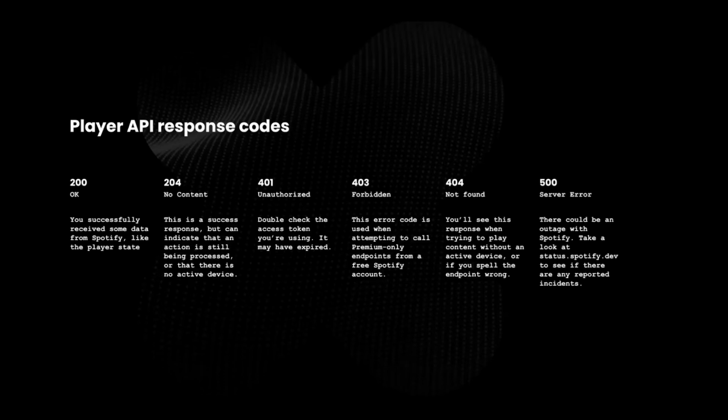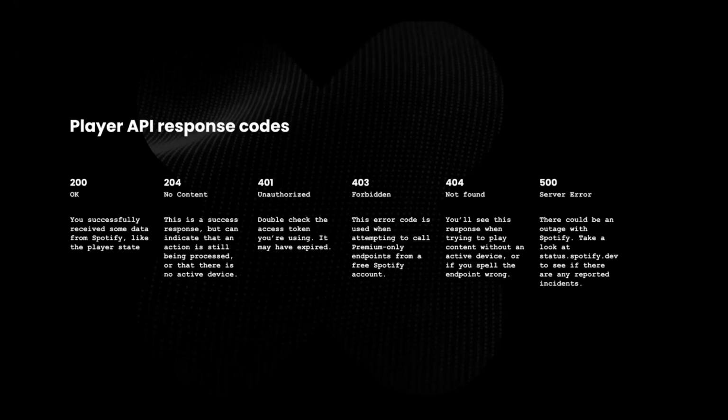But with the player API, you'll also see the 404 response in certain circumstances, like when you're trying to play content without an active device, or if there are no active devices to fetch. So 404 not found doesn't always indicate an issue with the path. It could also indicate that a device is missing or another piece of information is missing that we're trying to communicate to you.